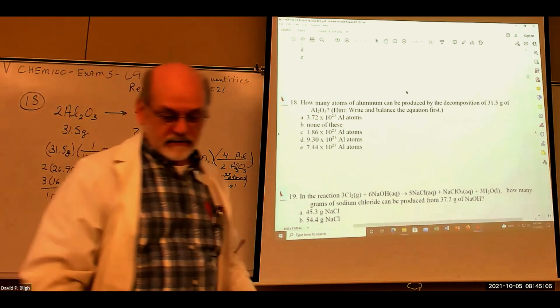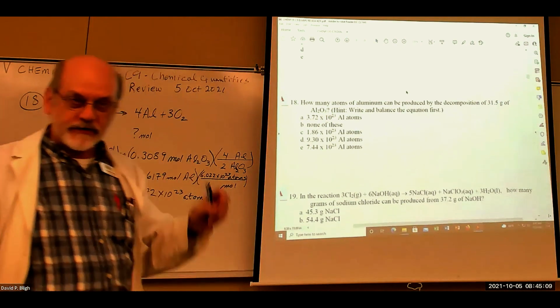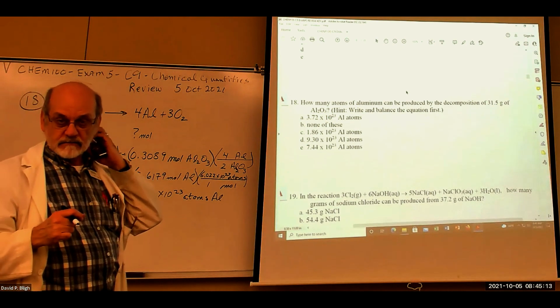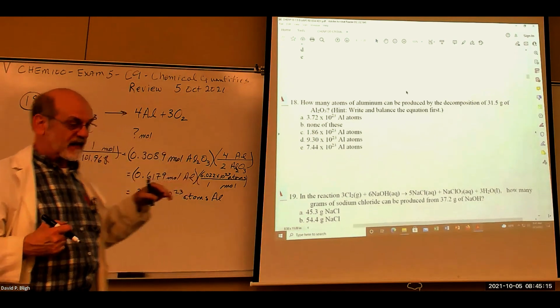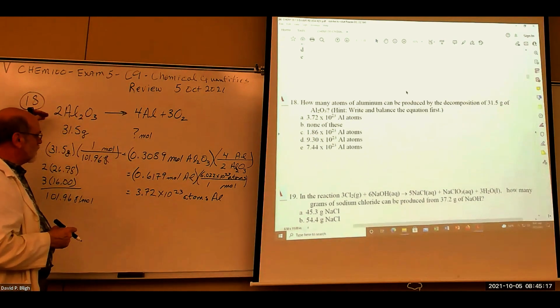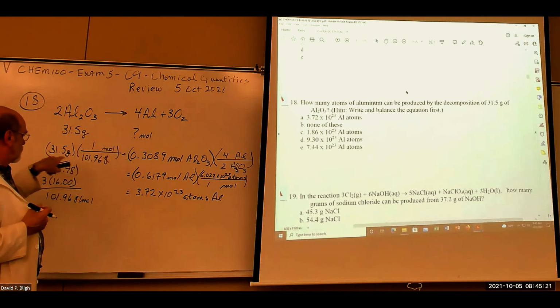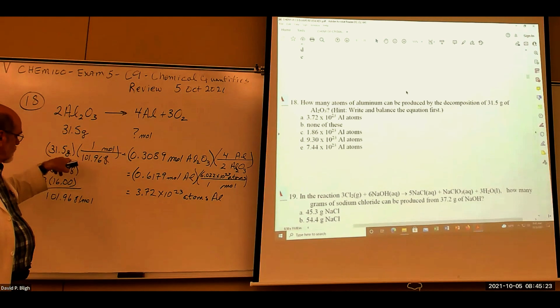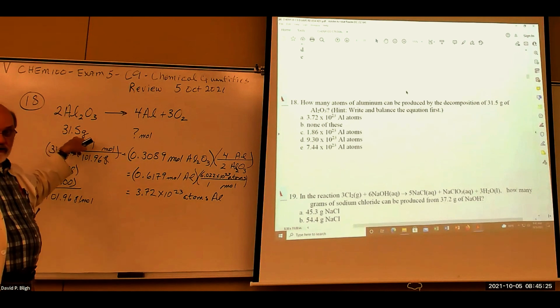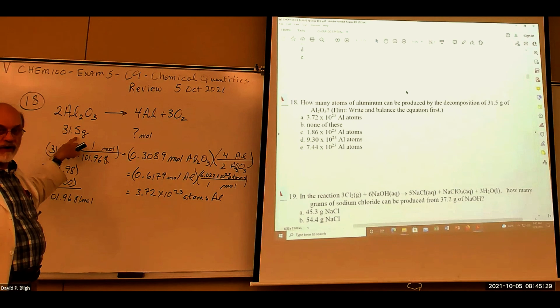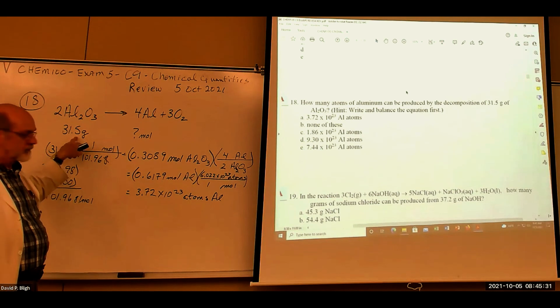There's no way that you can do this calculation in a split second. You've got to do it methodically. Balance the equation. What do you know? Where are you headed? How do you get there? Well, you can't go straight from grams to atoms, so you have to go through another numerical conversion.